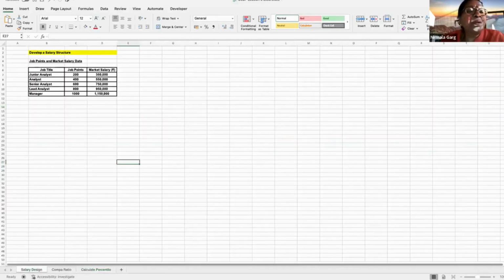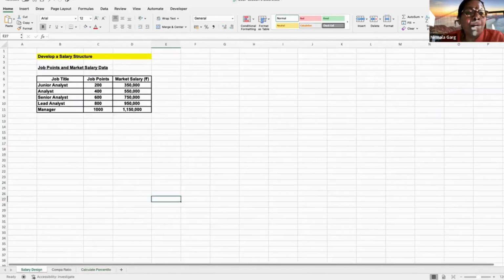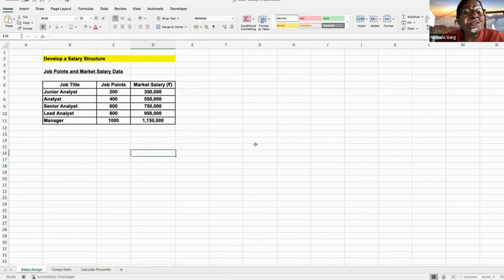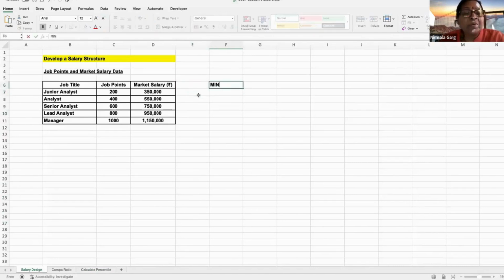Okay, make it a little bigger. These are the job points and this is the market salary. So develop a salary structure. First of all, you have to calculate salary.